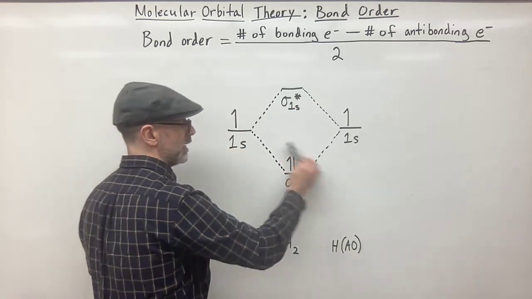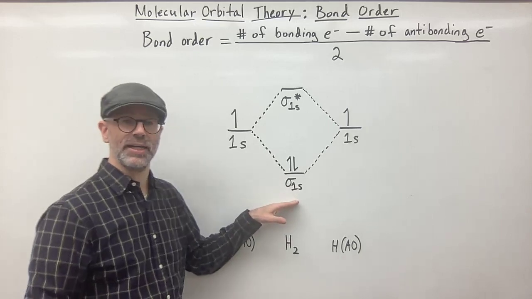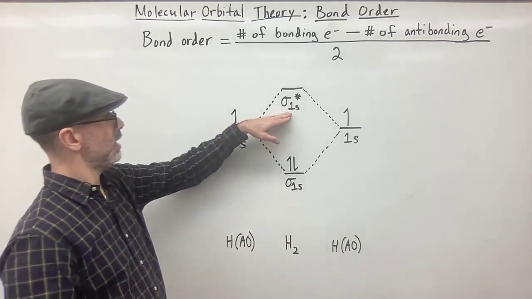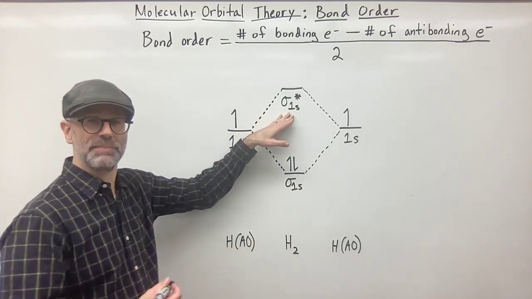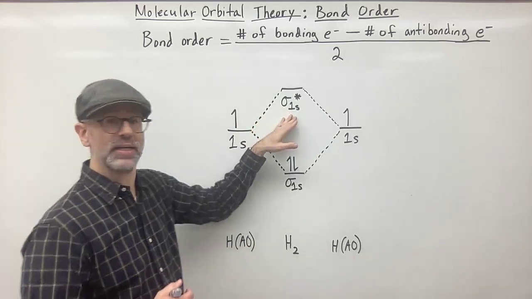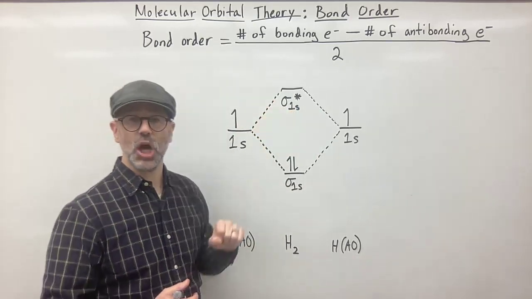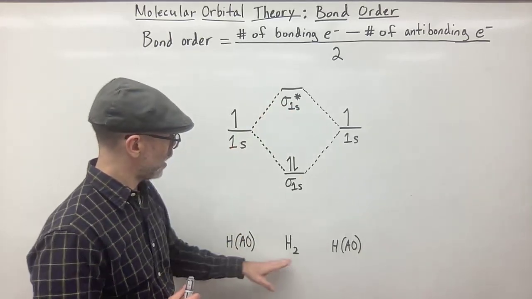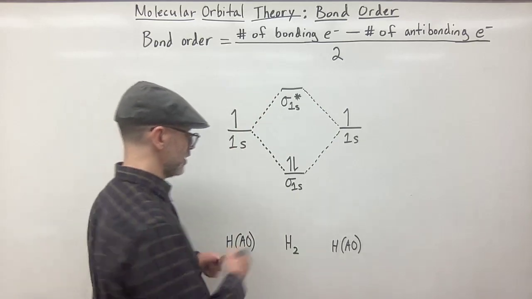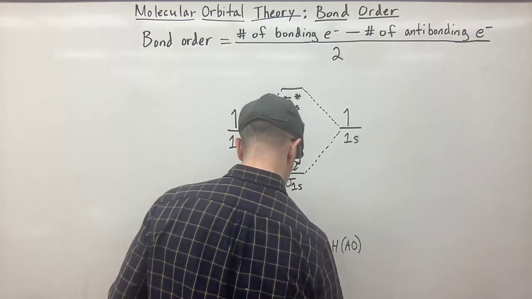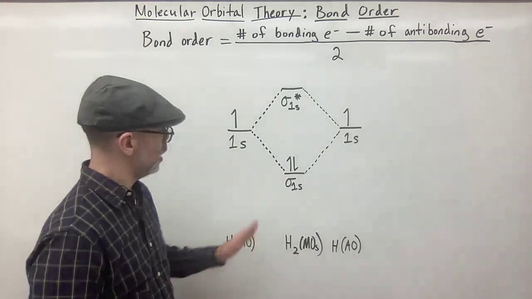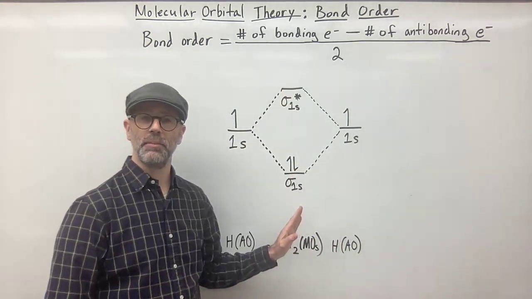They're either going to interact constructively to form a bonding sigma 1s molecular orbital, or an anti-bonding sigma 1s star. So here are the two molecular orbitals for the hydrogen. I should put MOs here for molecular orbitals. The molecular orbitals are in the middle.